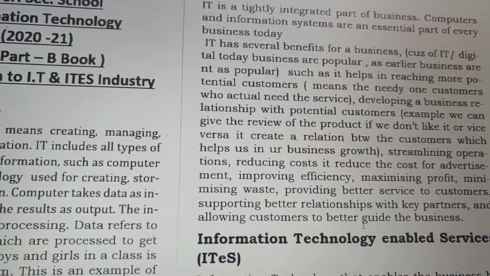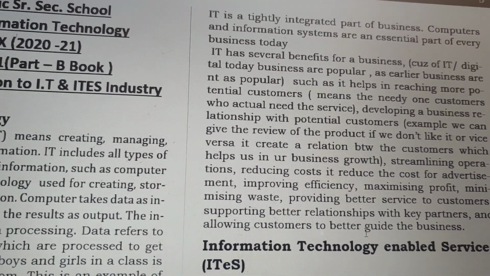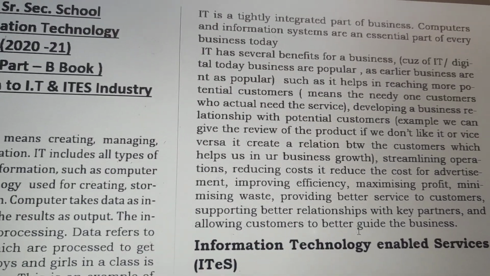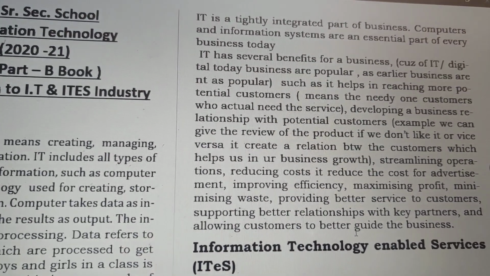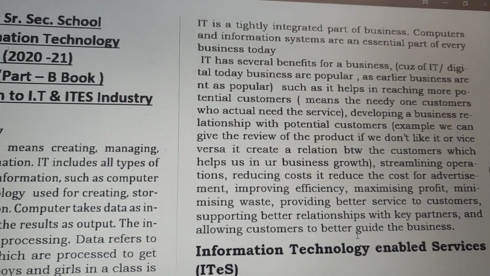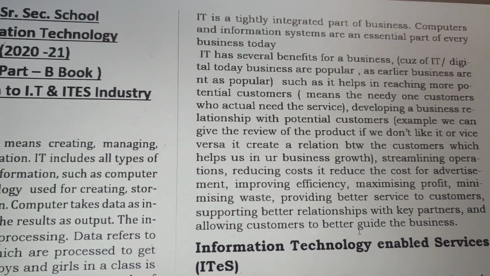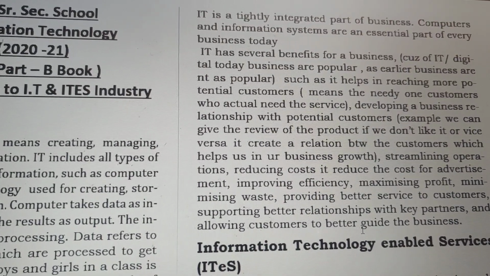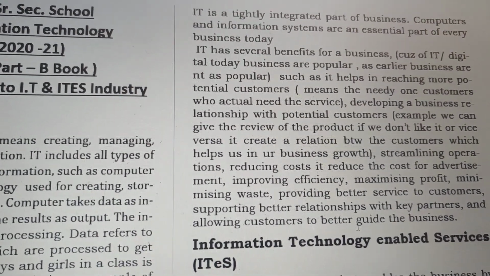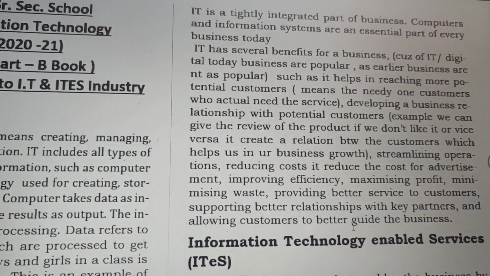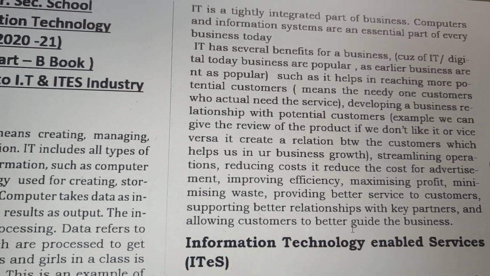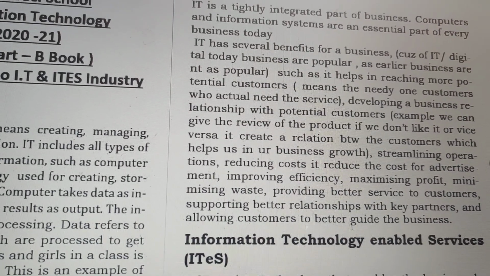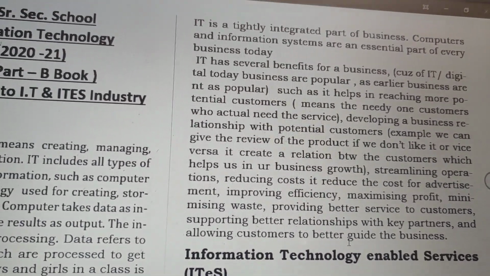Today that part is done by computers, by technology, by IT. This reduces the cost, and after reducing cost we have time and we improve our efficiency. Efficiency means we improve the quality and the quantity of the product we are giving to the customer. When we improve efficiency, we get maximum profit and minimum wastage.